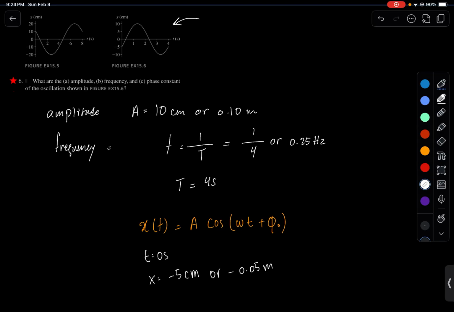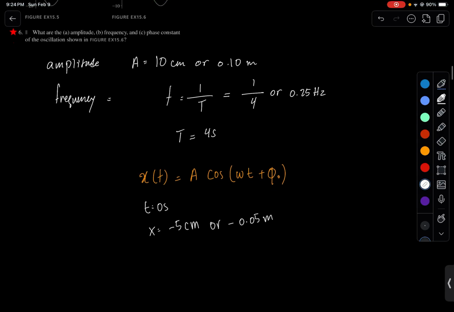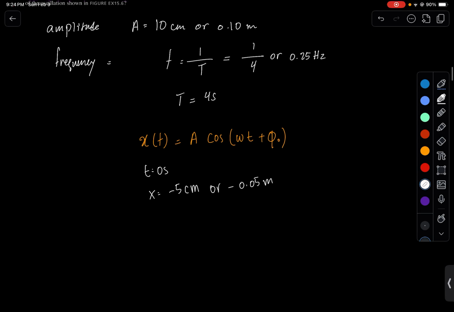Let's plug this value into our equation to find the phase constant. It's going to be minus 0.05 meter equals 0.10 meter times cosine of... we don't even need to know omega, because omega is multiplied by 0 seconds, so it's 0.